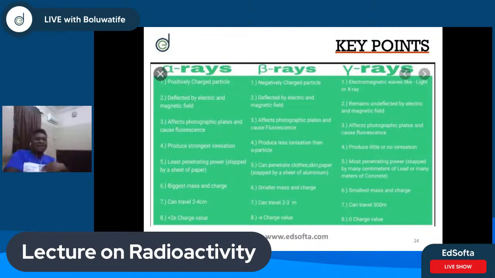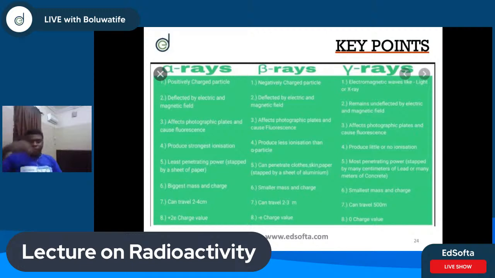Okay, so alpha rays have the least penetrating power. They can be stopped by a sheet of paper. They don't really cause so much damage. It shows you how heavy they are. But beta particles can penetrate cloth, skin, and paper, but can be stopped by a thin sheet of aluminium.